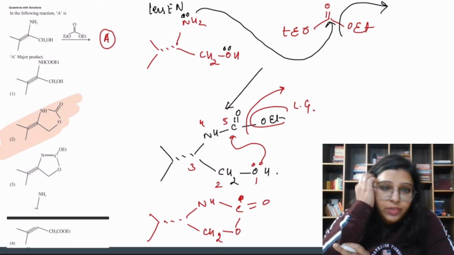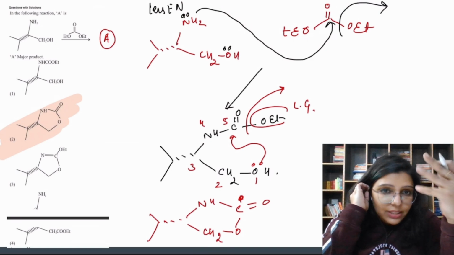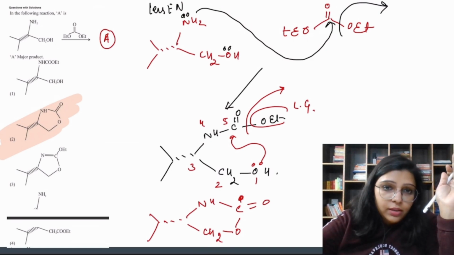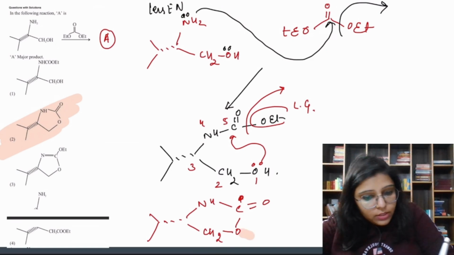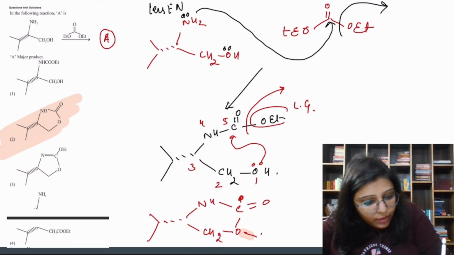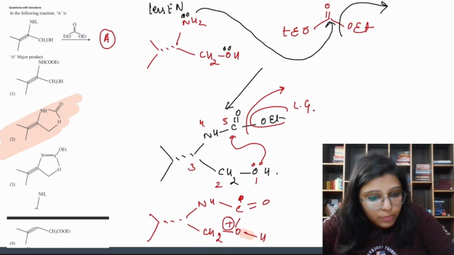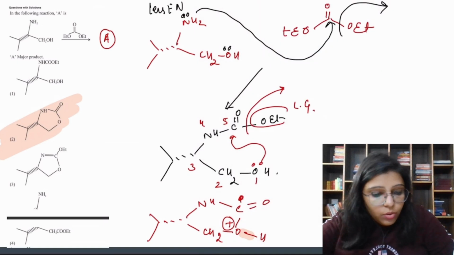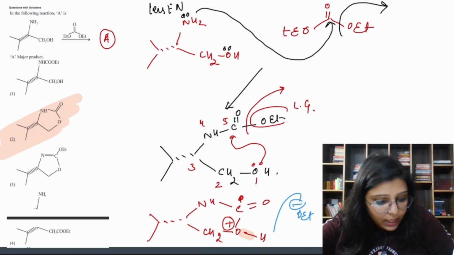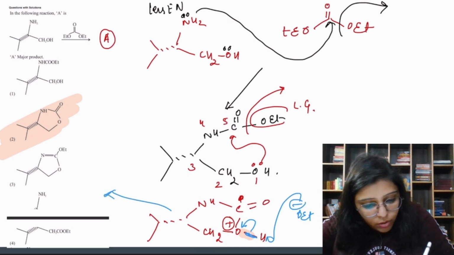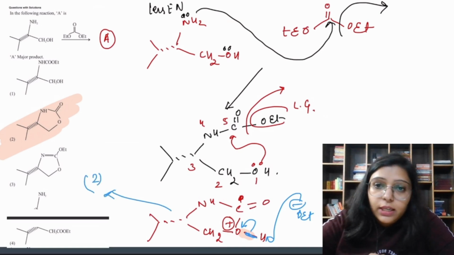OEt takes H plus. If I write it completely, first we have OH positive. Now what happens? OEt minus takes this hydrogen and the electrons of this bond shift to oxygen, which results in the formation of the second product.